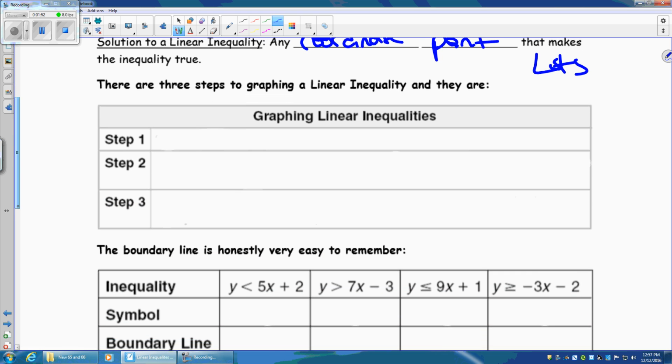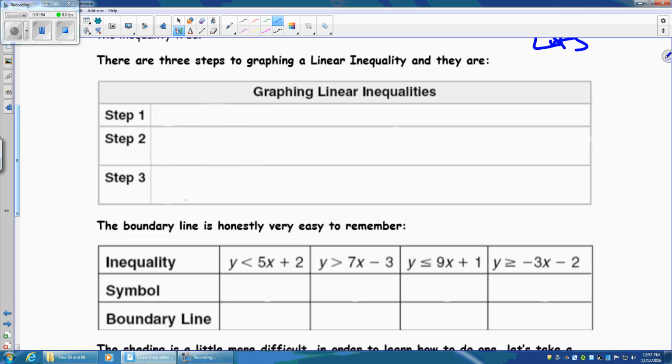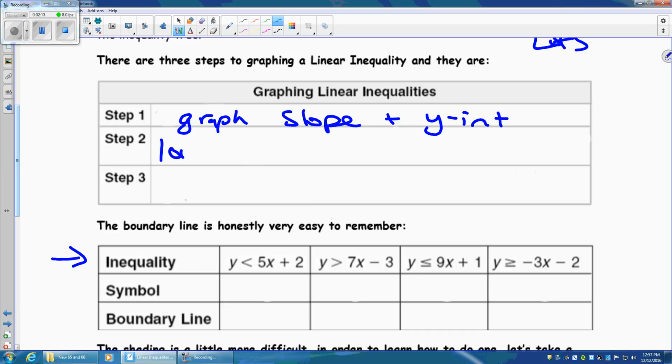All right? So there's some steps to graphing one of these guys. They're going to look a little bit different than the typical ones. So the three steps that I want us to take is, first off, I want us to graph the slope and y-intercept. And this is going to be like how it always has been. The second one is we're going to look at the sign to see the boundary line.